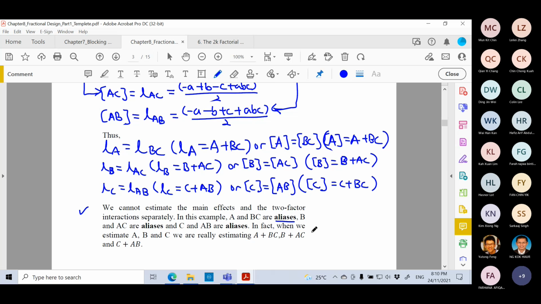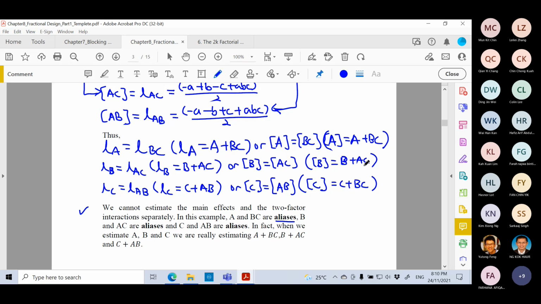So in fact, if we estimate the A or B or C, actually we are estimating the A plus BC. Actually, they are combined and estimated together. Okay, you are estimating the B, it actually combines the B plus the AC.